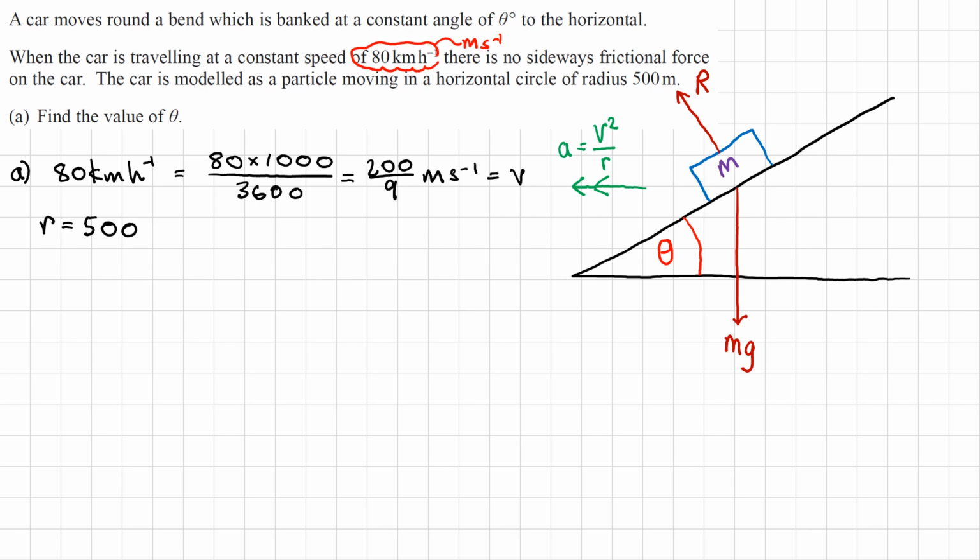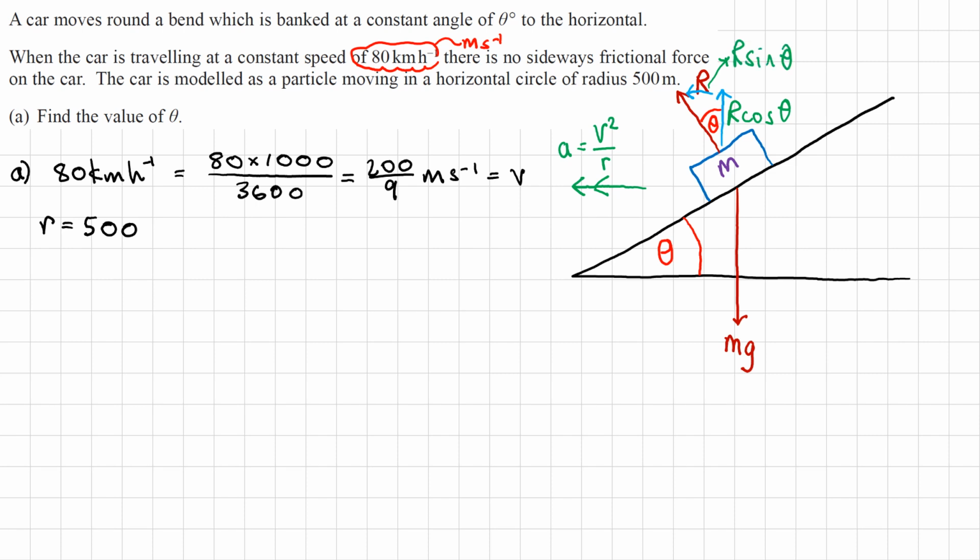And I'm going to be resolving horizontally and vertically. So I want to write down what the horizontal and vertical components of the normal reaction are. Now this angle theta is going to be the same angle that's here, so we'll mark that on as theta, and so that will give me R cos theta, which is going vertically, and then up here horizontally R sine theta.